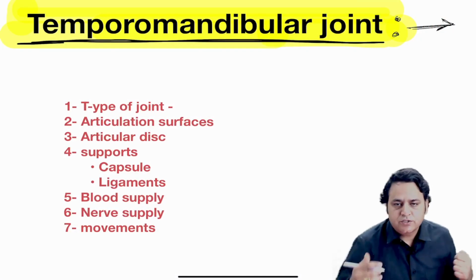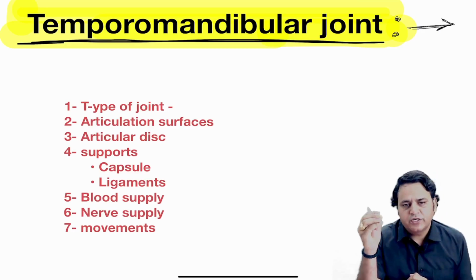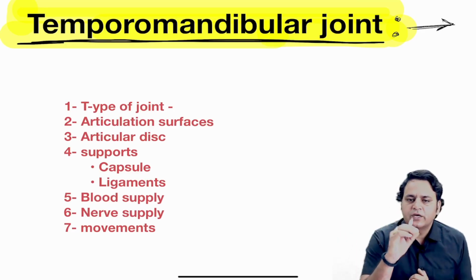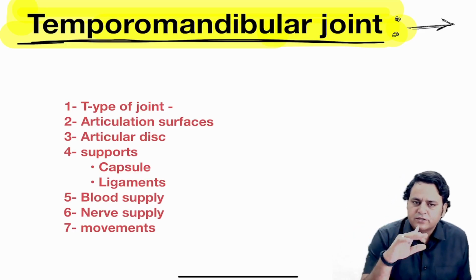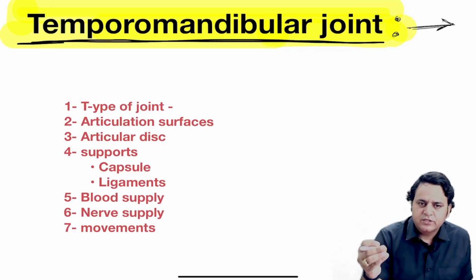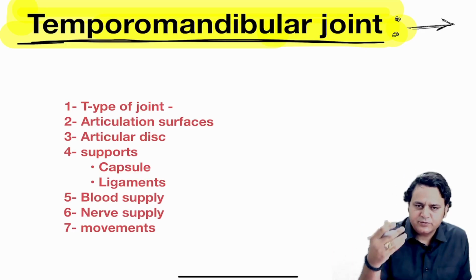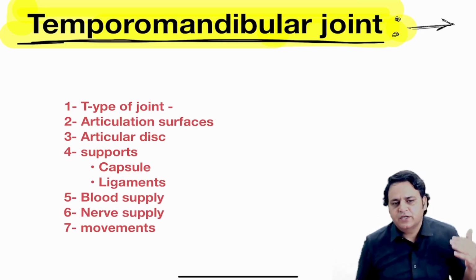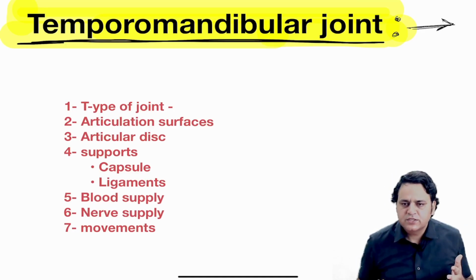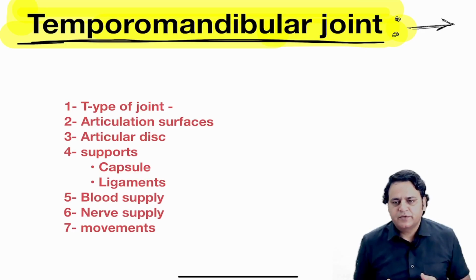The sequence you should follow is: what type of joint it is, what are the articular surfaces, something about the articular disc, then the support of that joint like capsule and ligaments, then the blood supply, nerve supply, and finally the movements occurring in that joint as well as its applied anatomy.